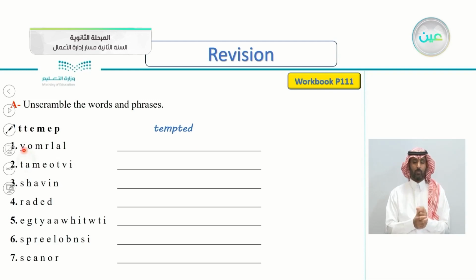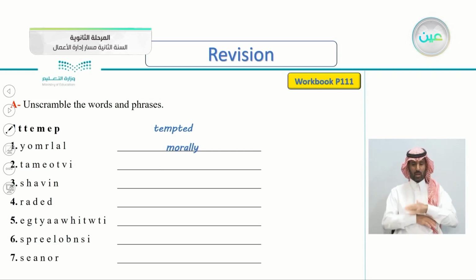When you put these letters in the correct order, what's the correct word you get? I will help you a little. It begins with the letter M. Okay, let's see the correct answer. It's the word morally. You remember from our previous lesson the words morals and ethics.